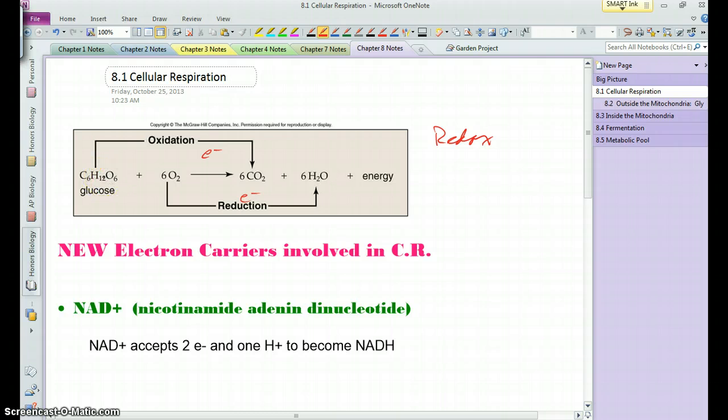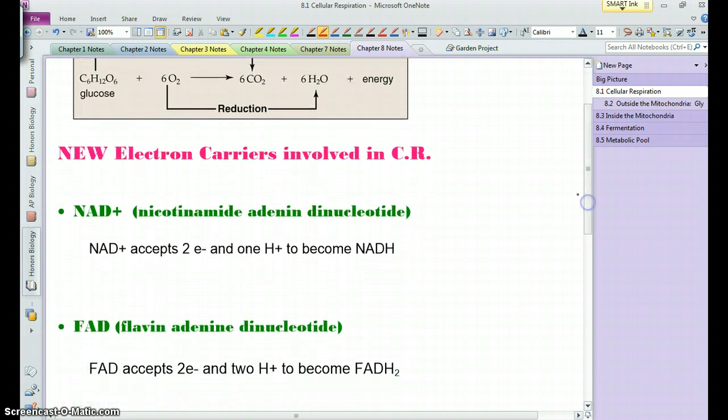It's serving as the reducer, right, because it's giving up electrons. Oxygen, we'll see, will be the ultimate oxidizer, and in the process of gaining those electrons is reduced, and the oxygen we breathe in ends up in water inside of us. And the carbon that's in glucose and the other foods we eat ends up as CO2 that we breathe out.